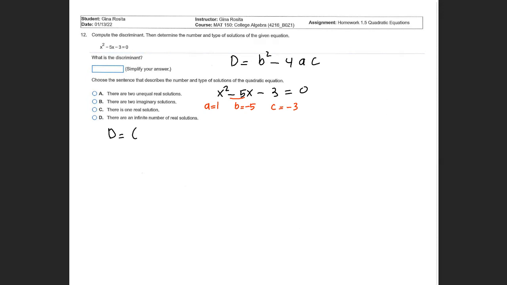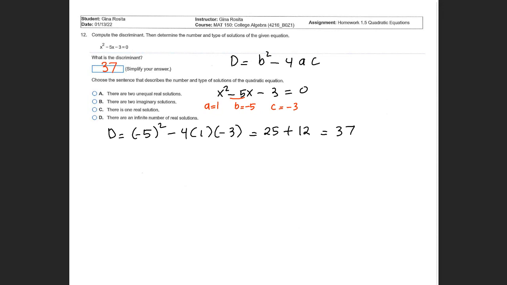Put b with negative 5 squared minus 4 times a, 1, times c, negative 3. Okay. So now negative 5 times negative 5 is 25. Negative times negative becomes positive. Yeah. 4 times 1, 4. 4 times 3, 12. Okay. So the answer becomes 25 plus 12, 37. So the discriminant is 37. You can write down here 37.